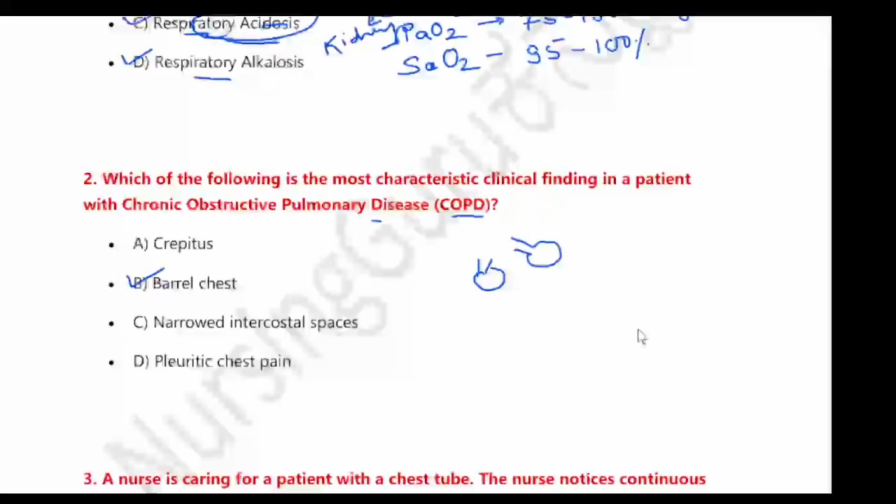In case of COPD, there will be loss of elasticity of walls of alveoli. These walls of alveoli lose their elasticity and they are unable to perform their function, that is exchange of gases. Hence, partial exchange of gases will be there.